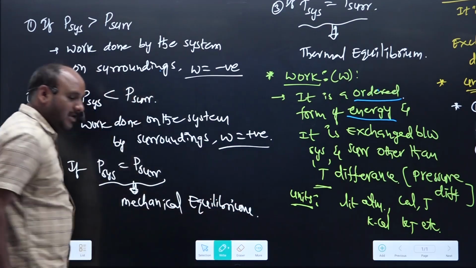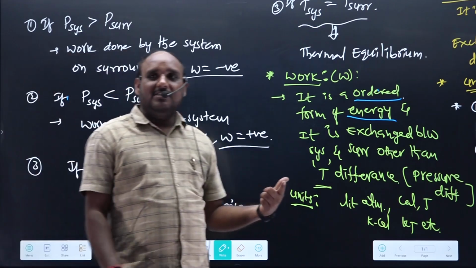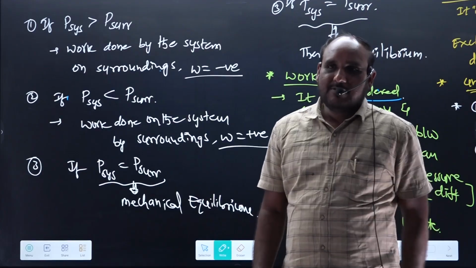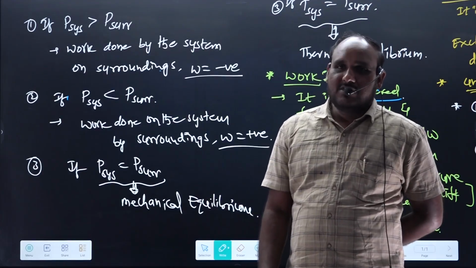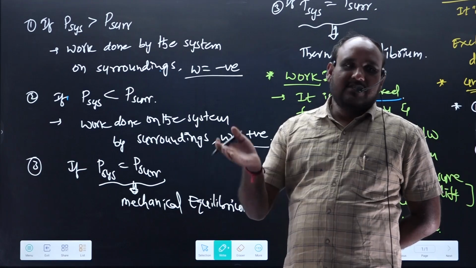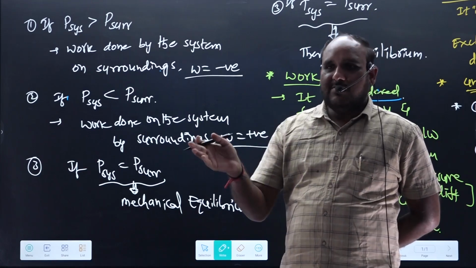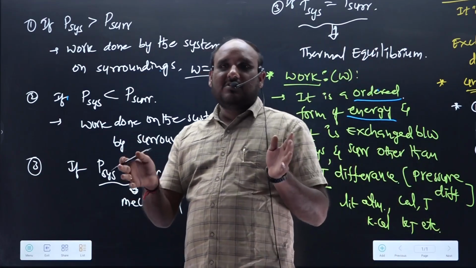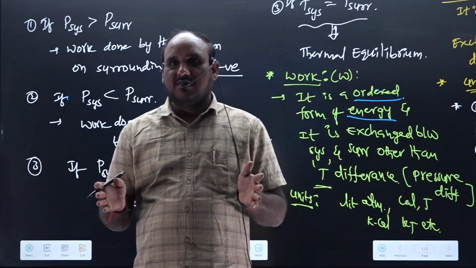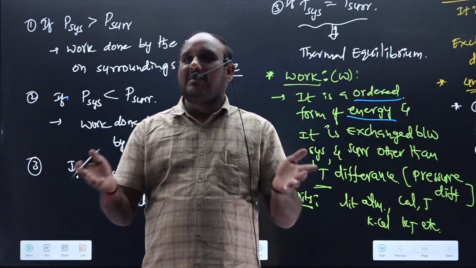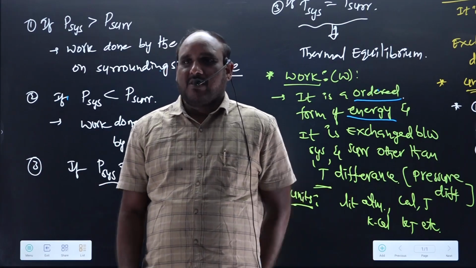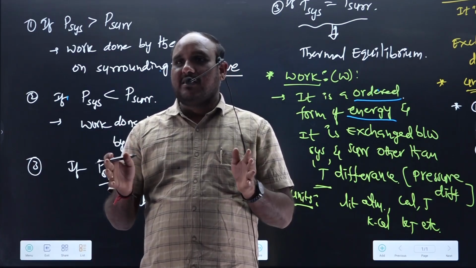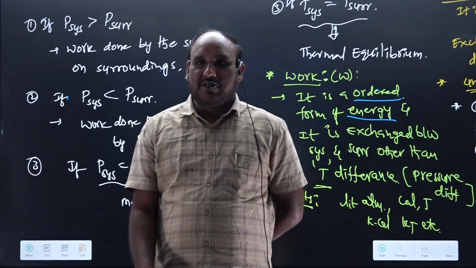We have to remember that mechanical equilibrium means the pressures are constant, and thermal equilibrium means the temperatures are constant. Whether considered for one system to another system or system to surroundings, if two systems have the same temperature, they are in thermal equilibrium. If the pressures of both systems are equal, they are in mechanical equilibrium.